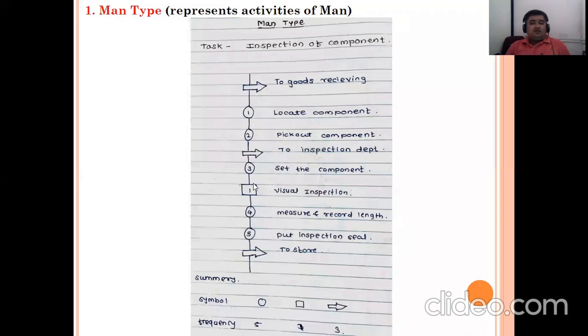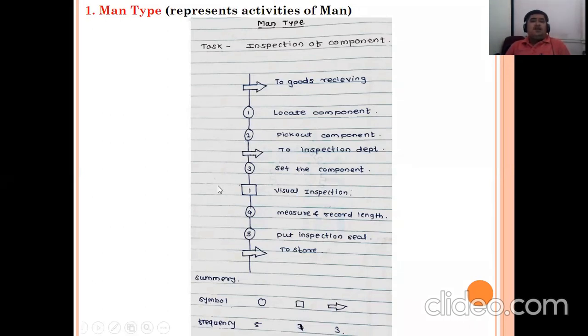So visual inspection, that inspection done by our naked eyes, is represented in a box, 1 number. And transportation: receiving the goods, going to the inspection department, and going to the store. So you are changing your position at these 3 points. Is it right? So the transportation symbol is used 3 times.